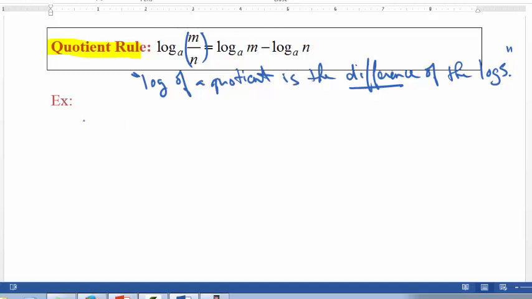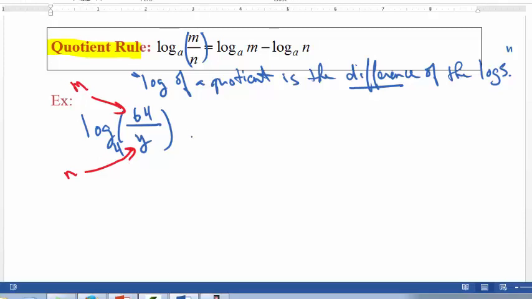So another similar example to the last one, say you had the log base 4 of 64 over y. In this case now, the 64 is your m, and the y is your n. So by my quotient rule, this is just the log base 4 of 64 minus, it's the difference of the two logs, so minus the log base 4 of y.